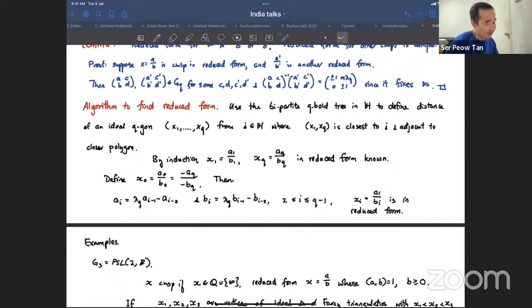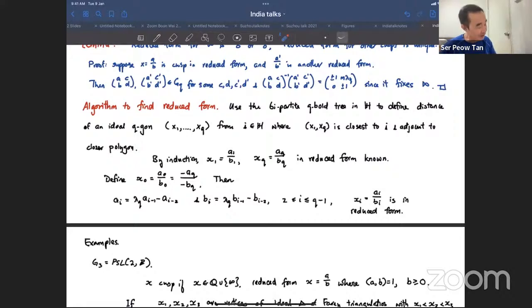And then I can find the reduced forms for all the other vertices, x2, x3, and so on. The formula is very simple. ai is equal to lambda times ai minus 1, subtract ai minus 2. bi is equal to lambda times bi minus 1, subtract bi minus 2.